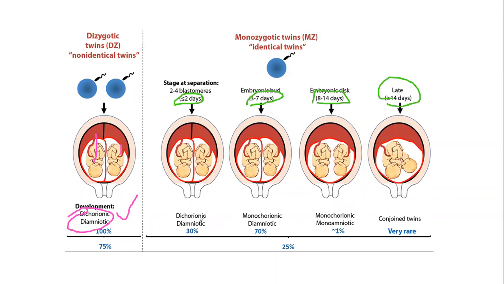Dichorionic, diamniotic, I hope you can understand what these words mean now: two sacs. Monoamniotic, single sac, and this is conjoined twins. So this is a broader picture of what we are going to learn in this video and the mnemonic we'll make. Okay, so let's see the next image.